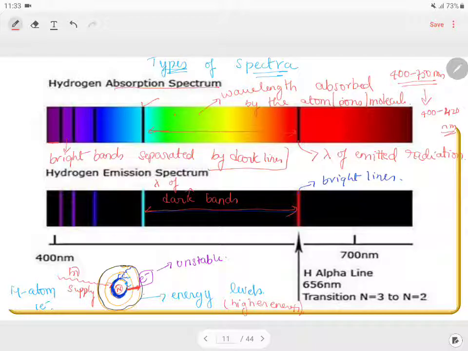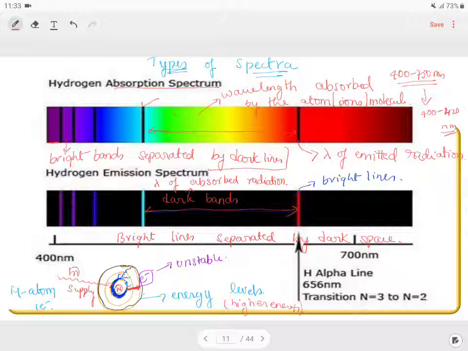The wavelength of absorbed radiation. We are not considering it, that's why they appear as dark bands. Therefore, the characteristic of emission spectrum is bright lines separated by dark spaces.